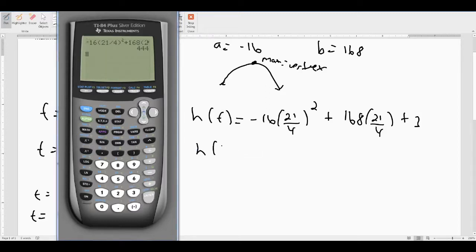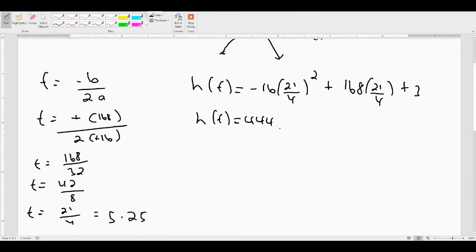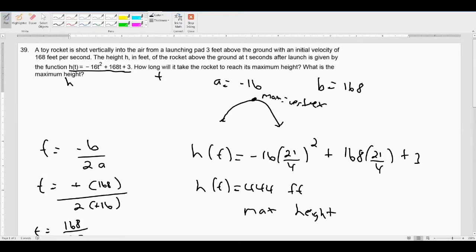Nice number. 144. So what that means is that this is the maximum height that is achieved after 5.25 seconds, if I got the units correct. And that's it.